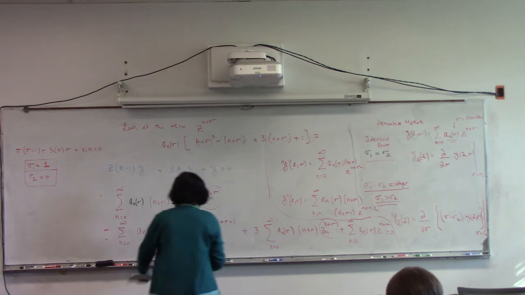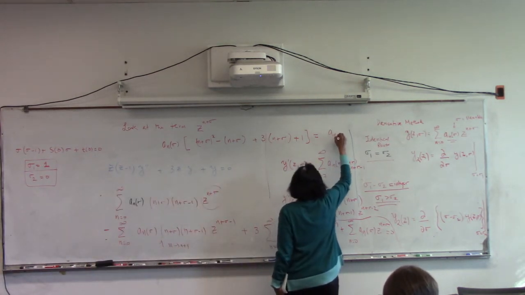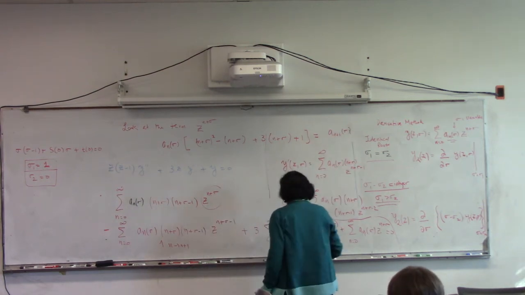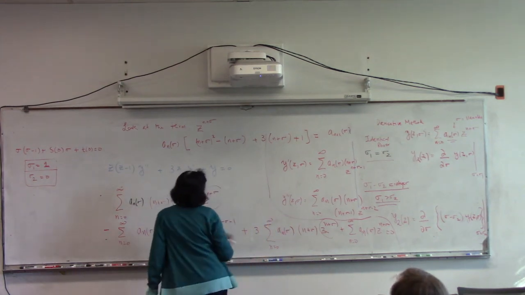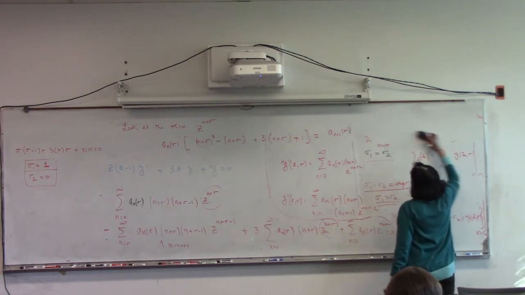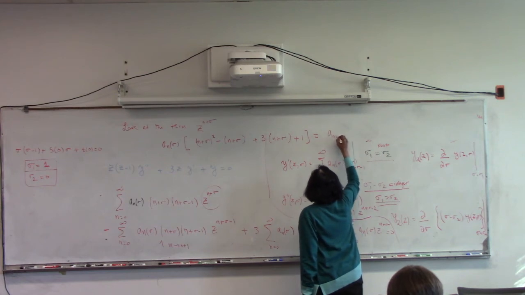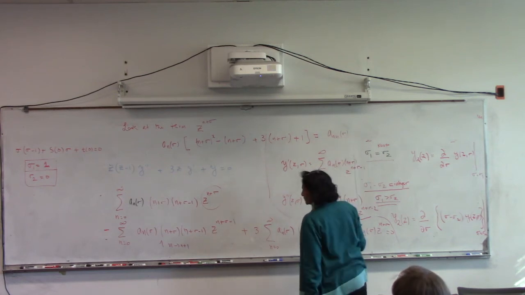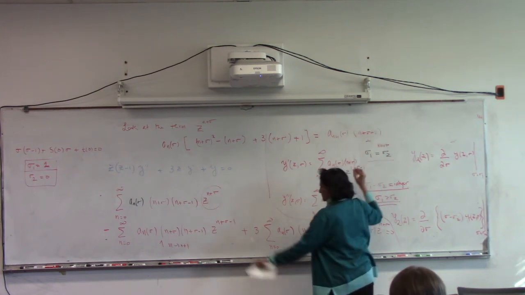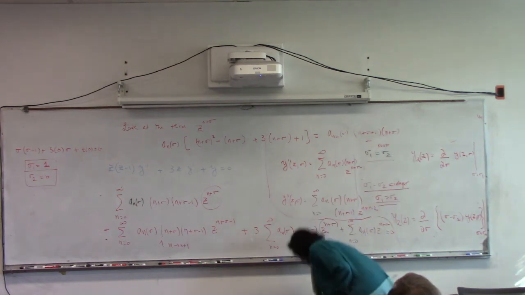This will become a_(n+1). I have to change n to n plus 1 everywhere there. So n plus 1, n plus sigma plus 1, n plus sigma. That's what we get.